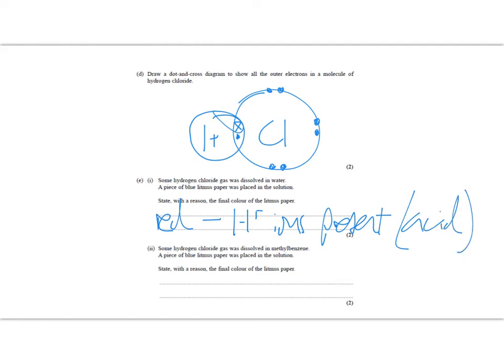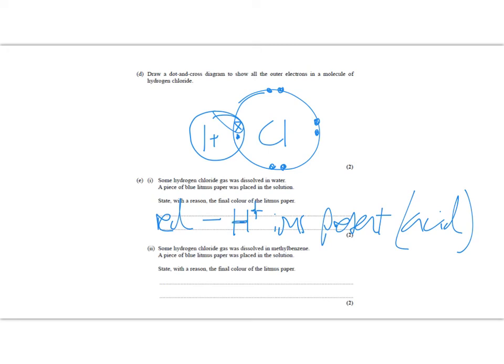Now, when you put hydrogen chloride in another solvent, in another liquid, in this case methylbenzene, which is also called toluene, you don't get dissociation. The hydrogen chloride stays together, which means you don't have any hydrogen ions present. At this point, emphasising that it's H+ on my original script.